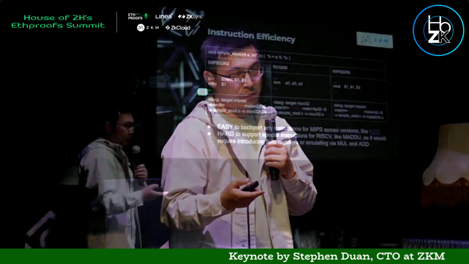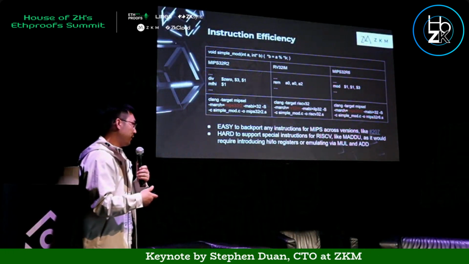So I want to say that it's very easy for us to improve the instruction efficiency backwards, maybe by adding instructions from the MIPS32 releases, because we are a superset of RISC-V.